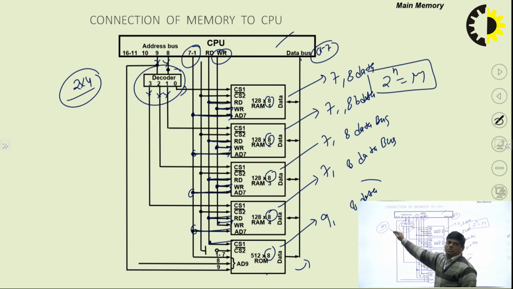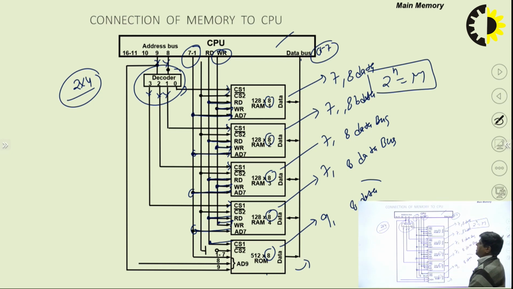With the help of the 2 by 4 decoder, it produces 4 outputs, connected to RAM chip 1, RAM chip 2, RAM chip 3 and RAM chip 4. That connection, the point to remember, is done in the CS1.